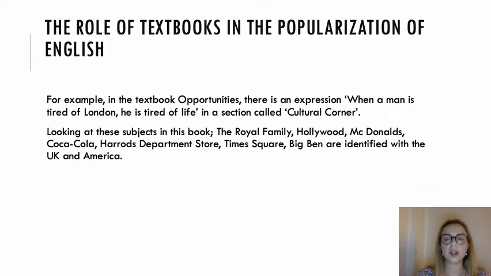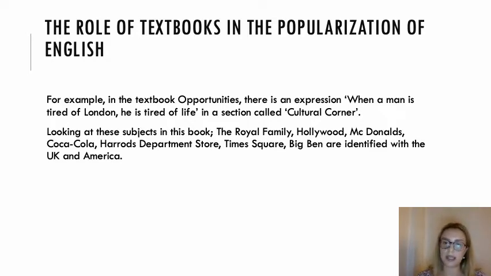Now we will talk about the role of textbooks in the popularization of English. As with English teaching methods, there are also considered to be a number of basic elements in the material used in the lessons. The reading parts in the textbook, and the sentences used when transferring grammar, glorify British and American culture.